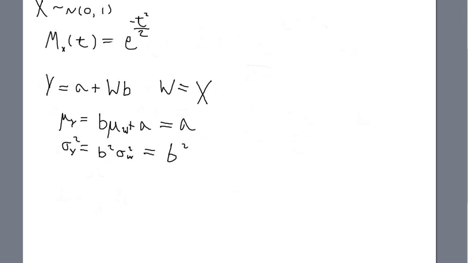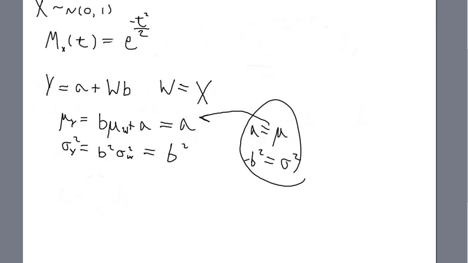So let's say that a is generically mu, and that b squared is generically a variance, any variance. Then we have basically any normal distribution.